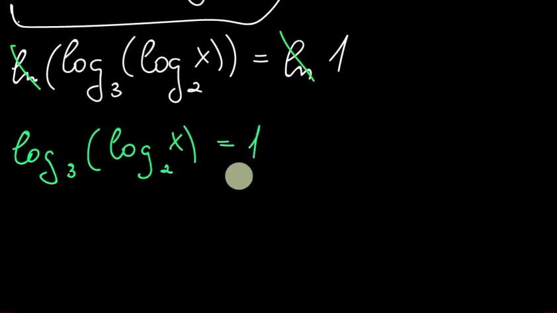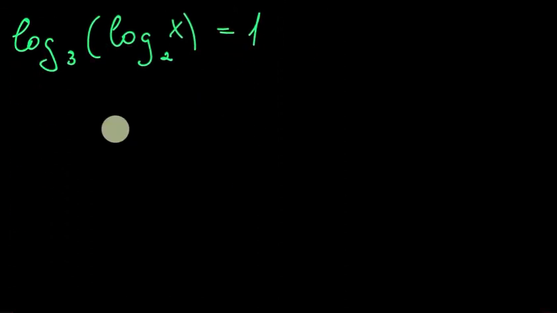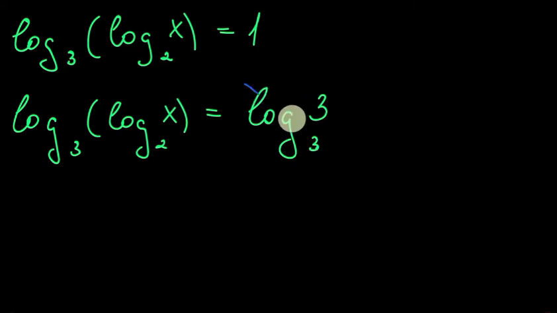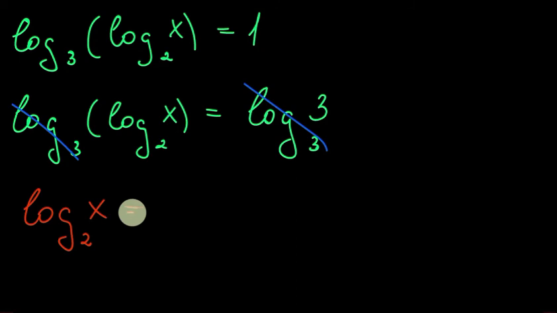Now we need to do the same thing again, rewrite this side, and we get log base 3 of log base 2 of x is equal to, now log base 3 equal to 1 means inside of the logarithm is 3, just like that. Now we can cancel our logarithms once again, and we get that logarithm base 2 of x is equal to 3.